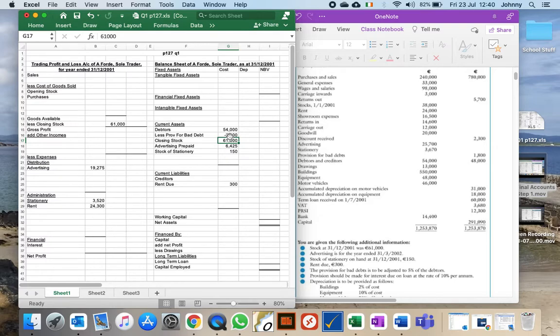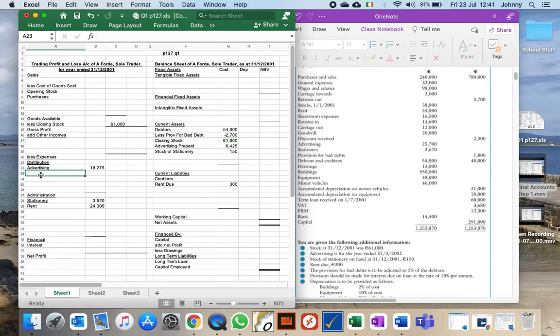Now, at the moment, the provision for bad debts is a number. If that number has to go up, and we have more provision for bad debts, then we'll have more expense. If that provision has to go down, then we'll have an income. So let's have a read and see what it says for provision for bad debts. Provision for bad debts is 1,800. That figure is now going up, so we'll have more of an expense, and it's to do with trying to sell our goods.